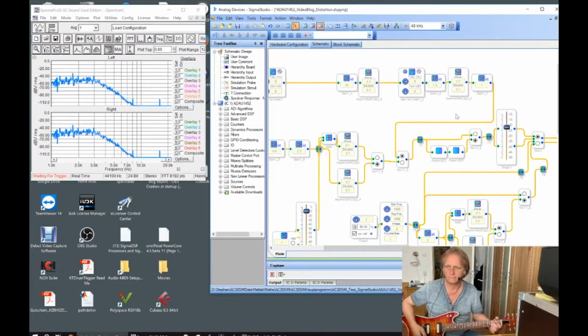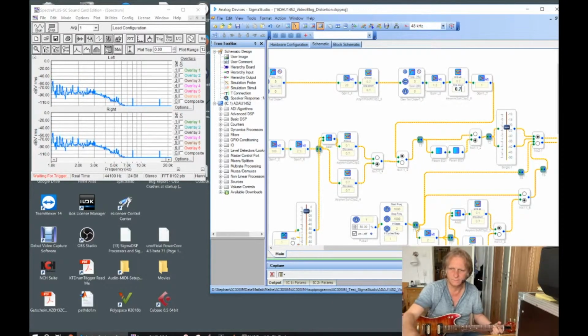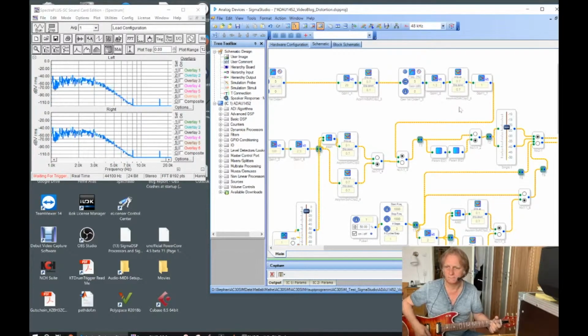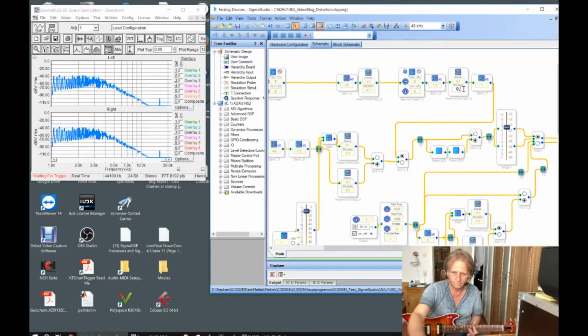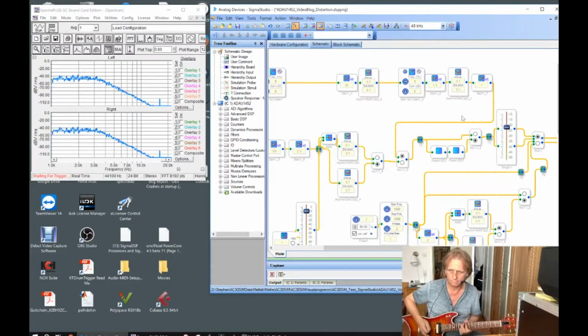Asymmetric. Symmetric. More. Symmetric. Okay, I can hear something there.